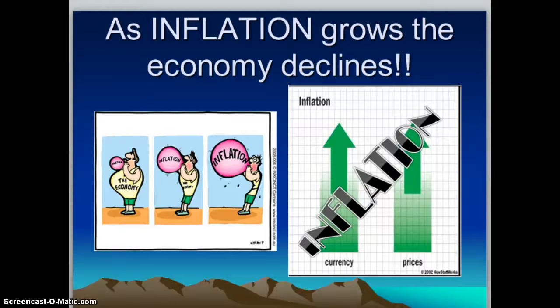As inflation grows, the economy declines. Take a look at this guy blowing his bubble gum. He is labeled the economy. Inflation is very low and the economy is pretty big. Look at him. The economy is going to decrease. That means inflation is going to increase. And the more and more the economy decreases, the more and more inflation increases.